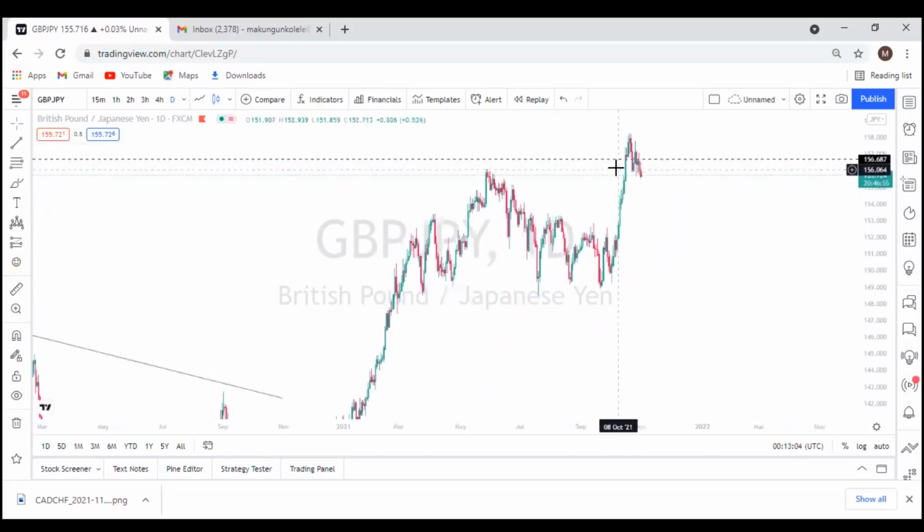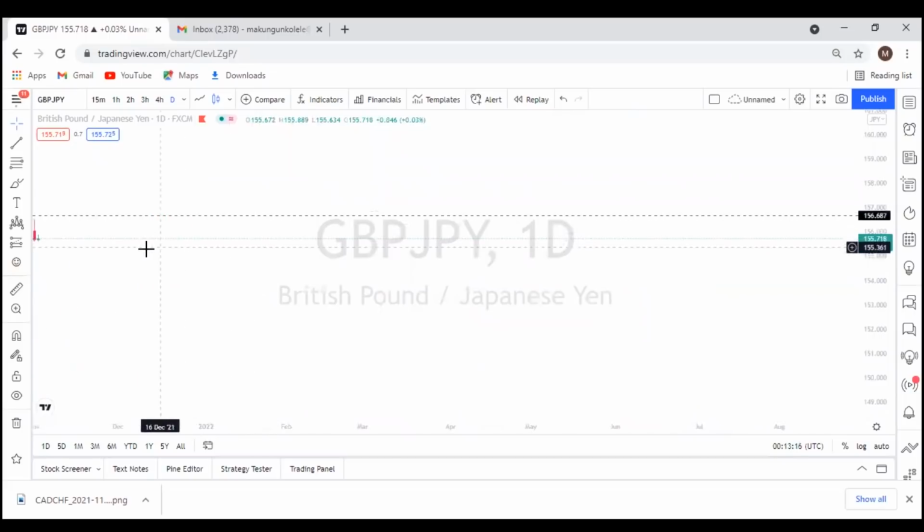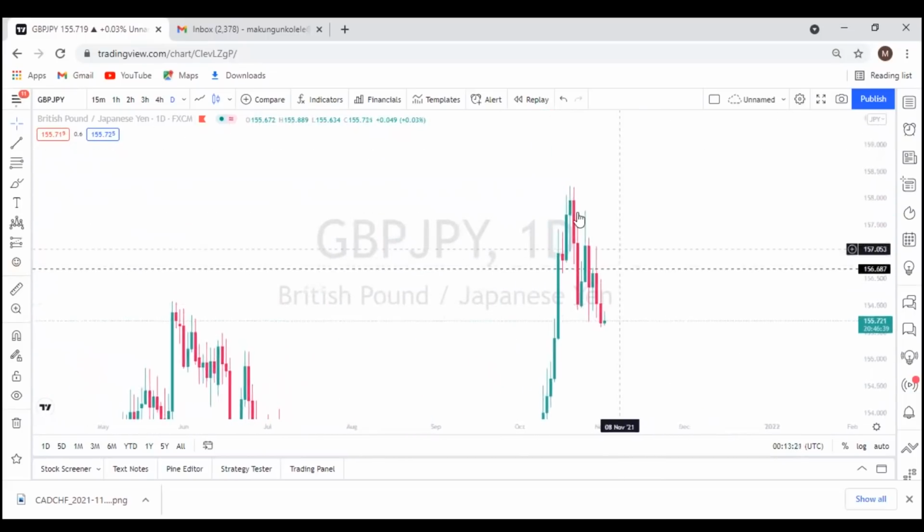highest highs or significant resistance zone here. It's rejecting aggressively to the downside, as you can see. Let me just zoom in and see what's happening here. So we had this engulfing bearish candlestick, following with another huge bearish candlestick.